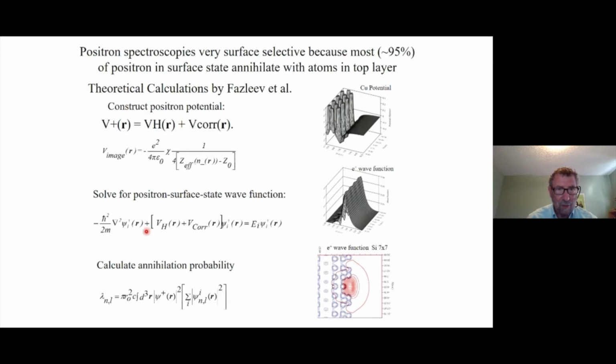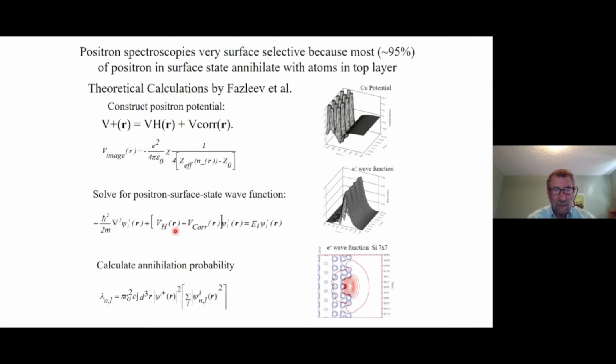It's a one-dimensional, single-particle Schrodinger equation that you get for the potential of a positron sitting at the surface, and you solve that for the wave function. You do a detailed calculation of the overlap of the positron wave function with the electron wave functions in the material, and you can show that 95% of the annihilation takes place with electrons in the top layer.